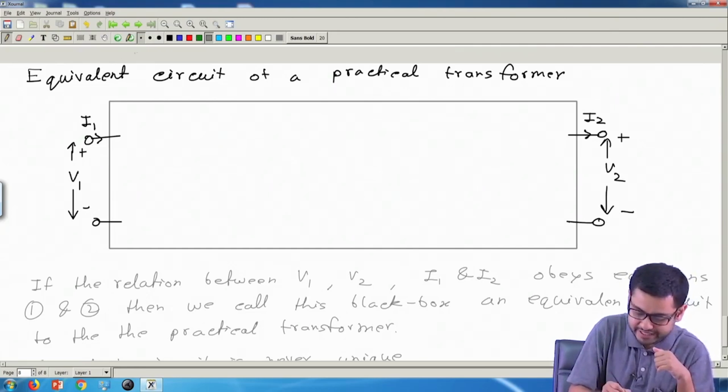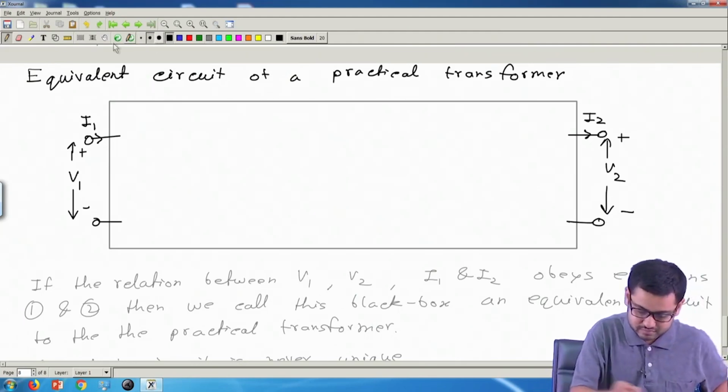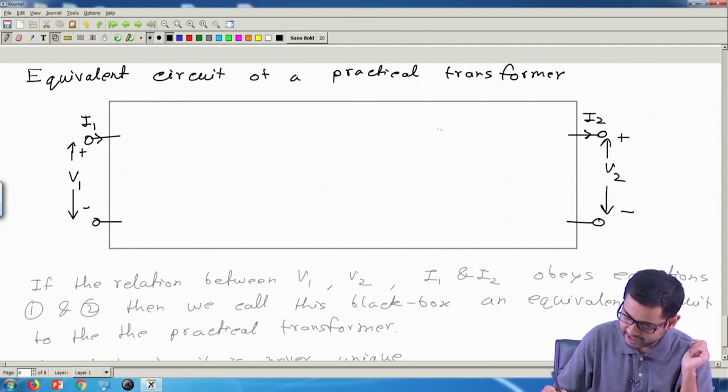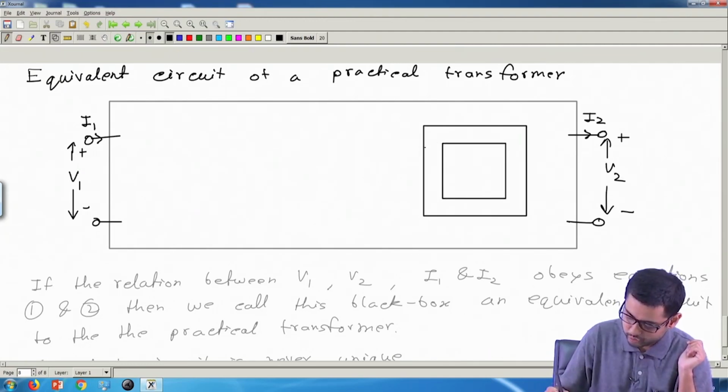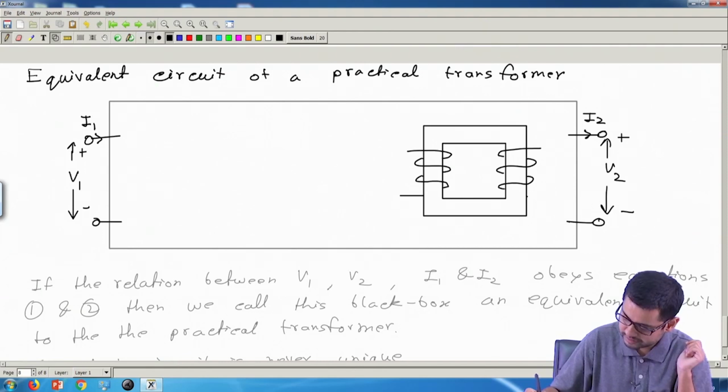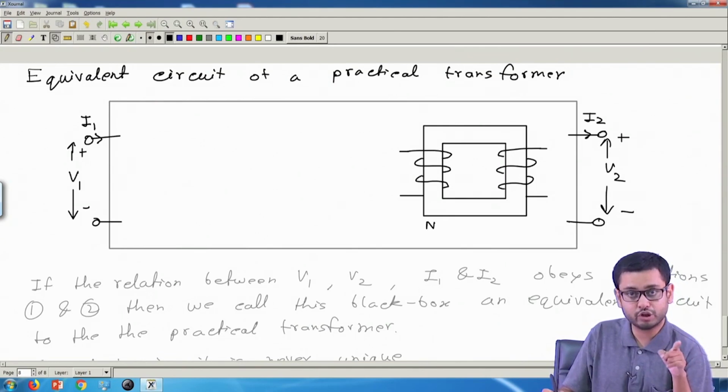So what I will do, I will take inside an ideal transformer with turns ratio the same as the given turns ratio of the practical transformer.